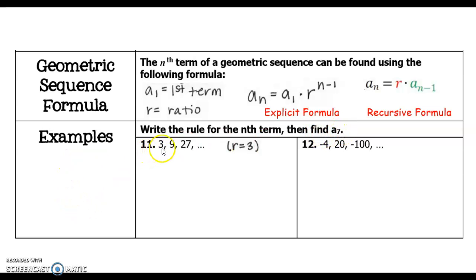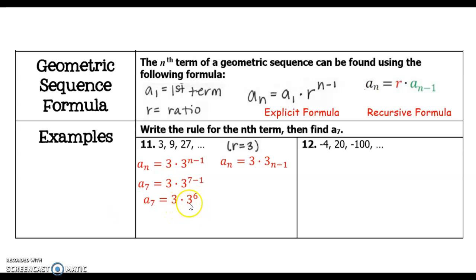So here I notice that the first term in the sequence is 3, and the common ratio is 3. So that would make my formula A sub n equals 3 times 3 to the n minus 1 power. Now to find the 7th term, we'll substitute 7 for n in each case. We'll take care of this 7 minus 1.